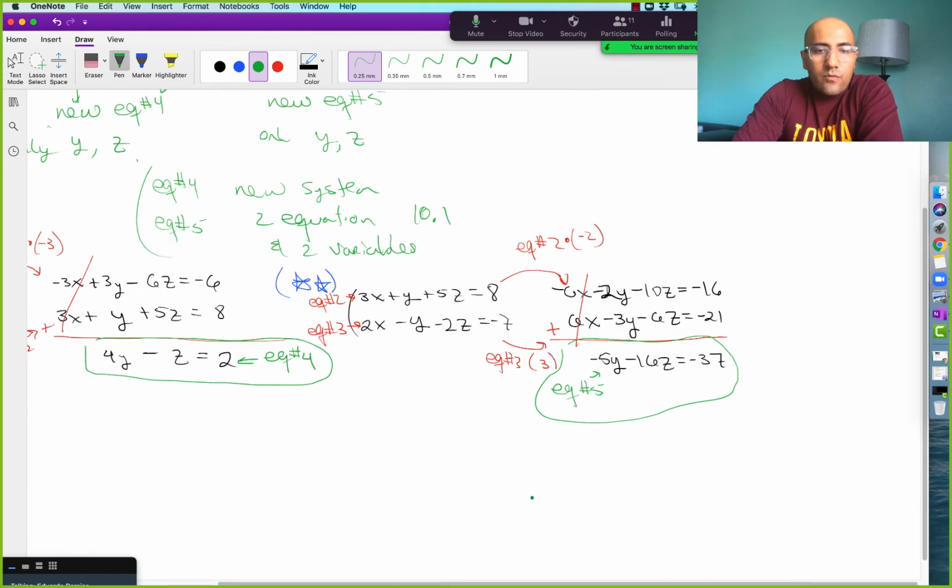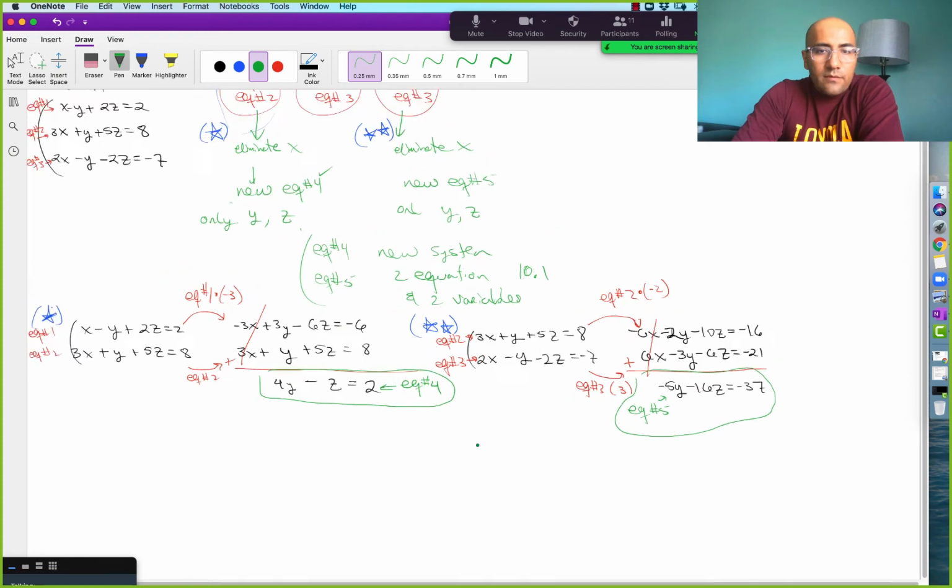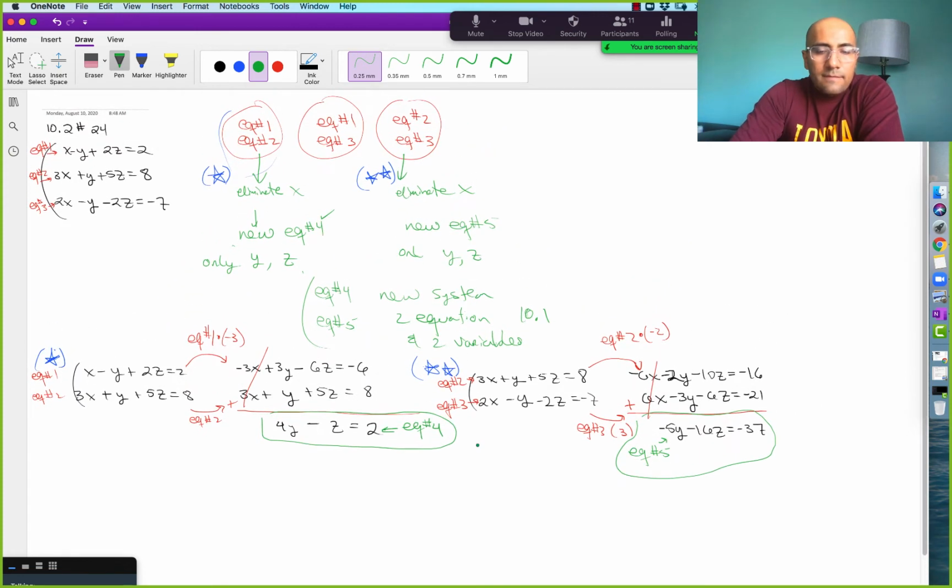Let me zoom out a little bit more and get a sense of the bigger picture here. Alright, so we took equation 1 and equation 2, eliminated x. We got a new equation 4 that only has y's and z's in it, no x's. Then we took equation number 2 and equation number 3. We eliminated x.